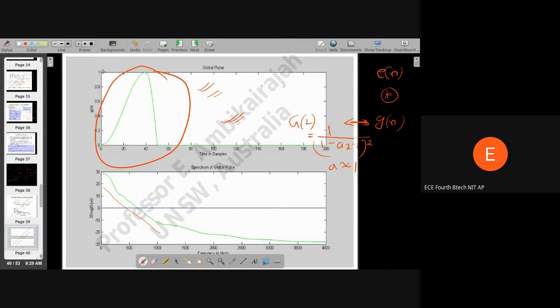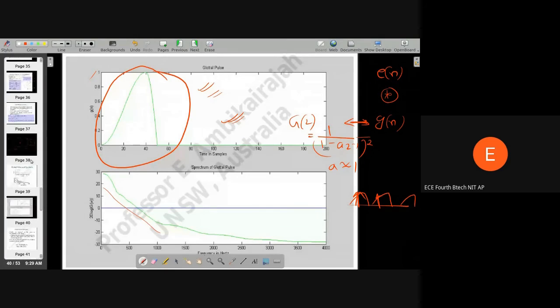We got in the time domain what we want, and when you convolve with a train of impulses, if you revisit your basic signals and systems, wherever that impulse occurs, this will be replicated there. So this is how the excitation is modeled.